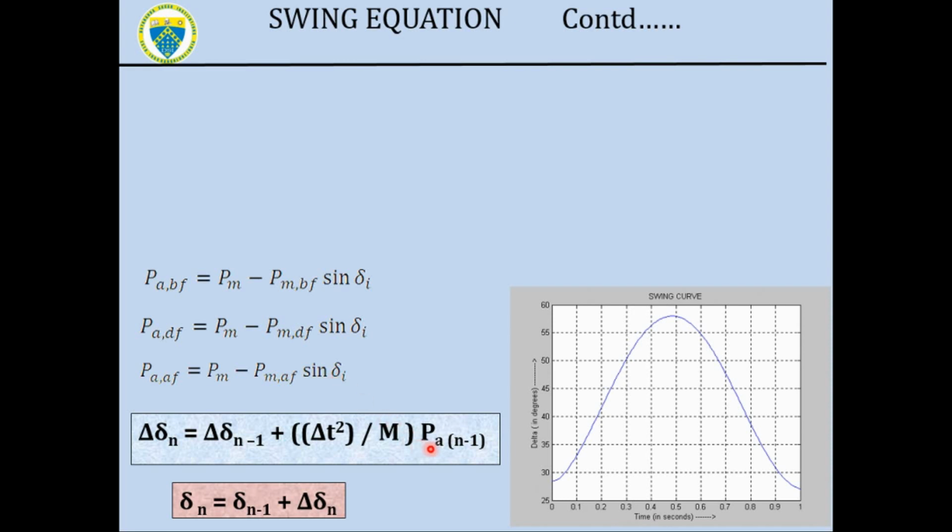So this Pa we have determined here before fault, during fault and after fault. So Pa depends on the time instance. Suppose you are calculating this Pa at t is equal to 0, here you have to consider before fault and during fault.